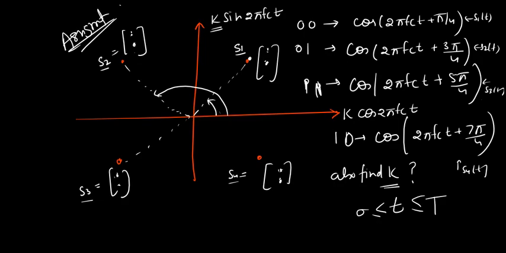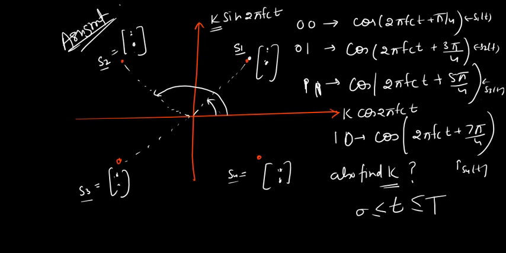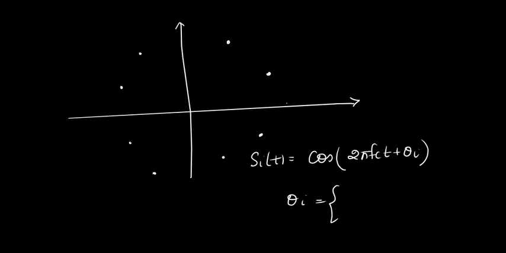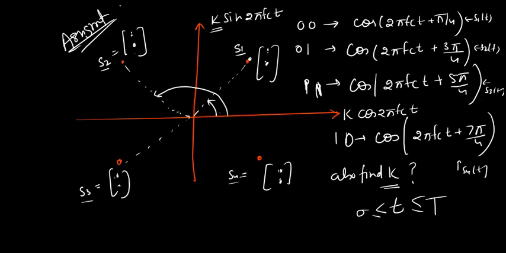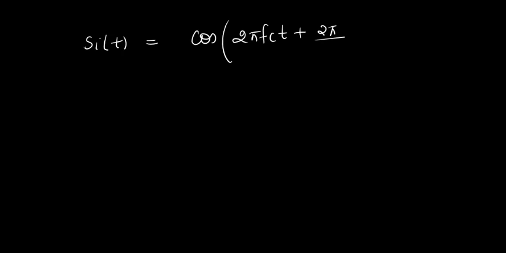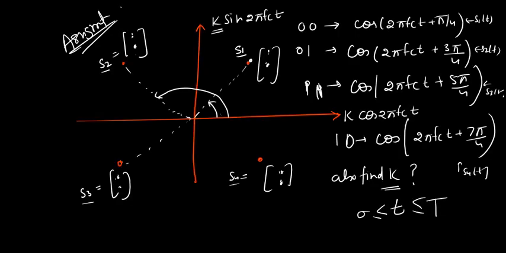So, up to this point, we were discussing how you can write this generally. How can we write it now? You can write your Si(t) as cos of 2 pi fc t plus 2 pi by, I think it is pi by 4, right?